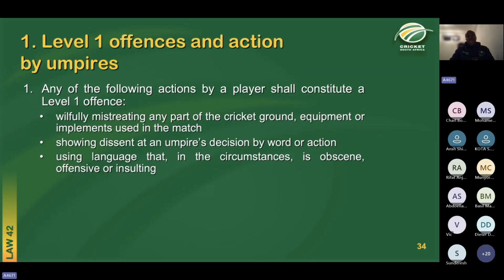But what we do not allow as umpires is swearing directed at opposition players. And we do not allow a player, especially bowlers, when they've been hit for 6 or bowled a number of wides in an over consecutively, to vent their frustration so loud that their swear words can be heard outside of the ground. We don't allow that. That would be a level 1 offense.